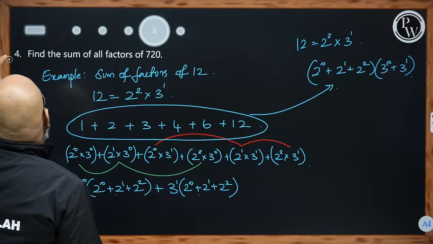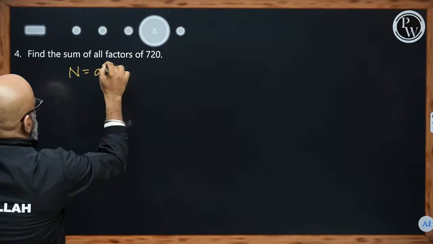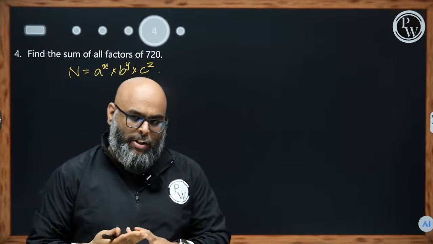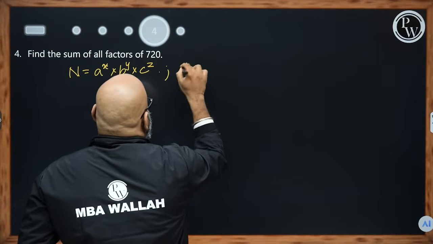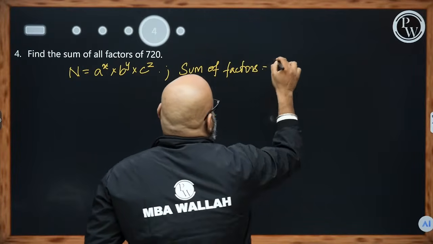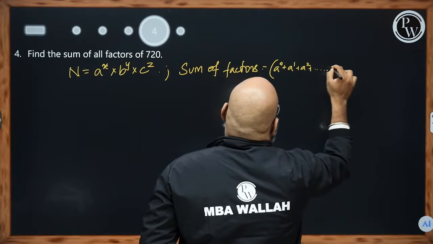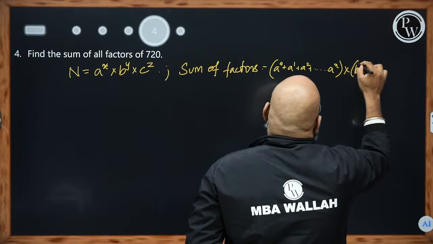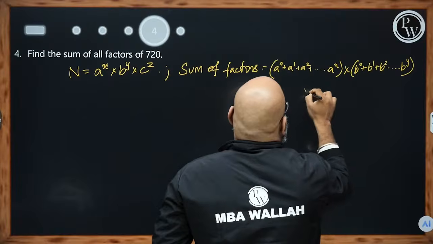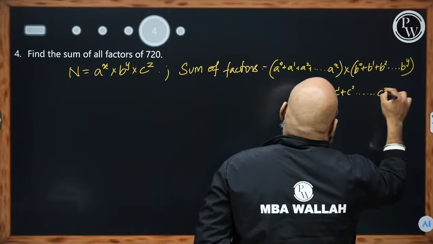In that case, I can generically write this format. Any number of the form n equal to a power x into b power y into c power z, where a, b, c are distinct prime numbers, the sum of factors is equal to (a power 0 plus a power 1 plus a power 2 up to a power x) into (b power 0 plus b power 1 plus b power 2 up to b power y) into (c power 0 plus c power 1 plus c power 2 up to c power z).